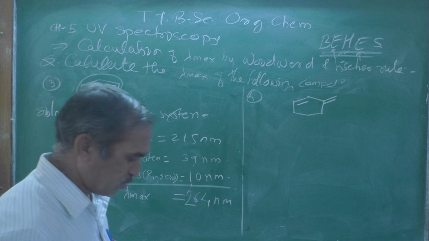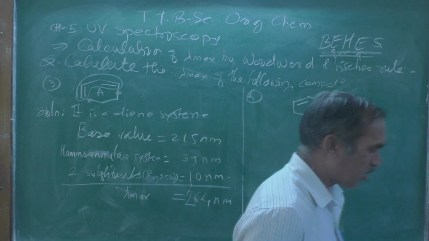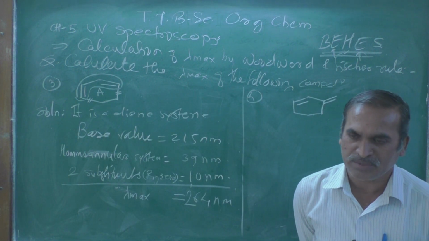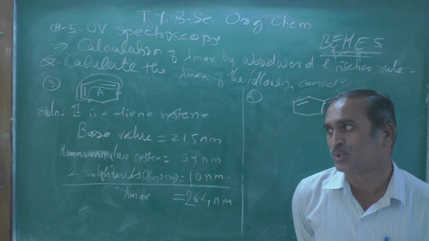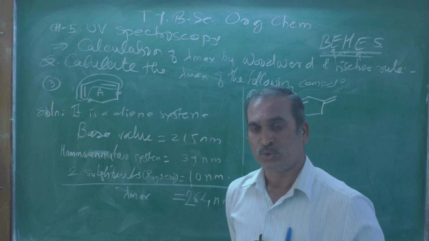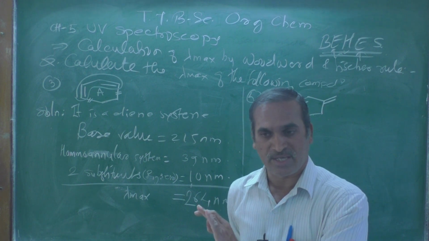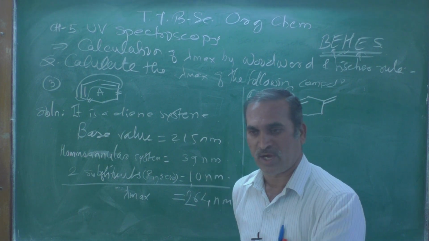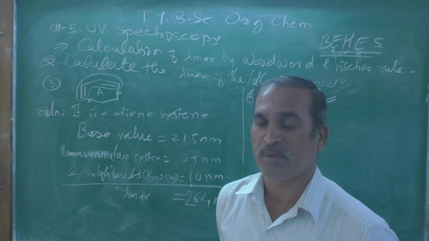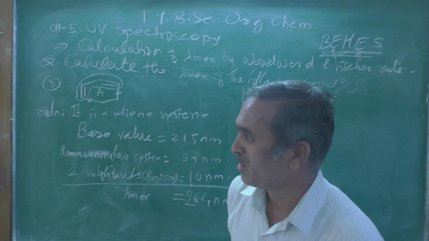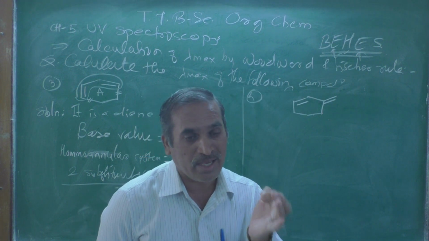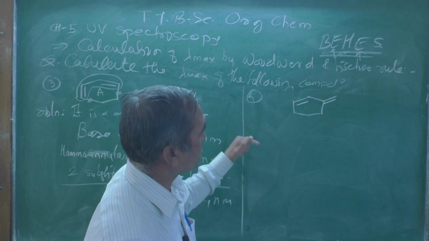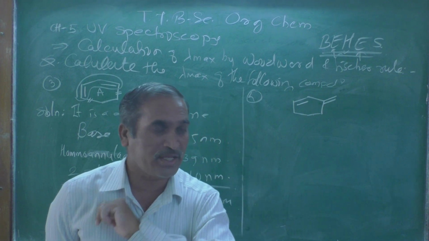As we know, while solving such a problem, what is the first thing to do? First, you should identify what type of system it is. This structure has a diene system.